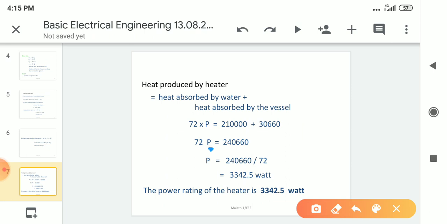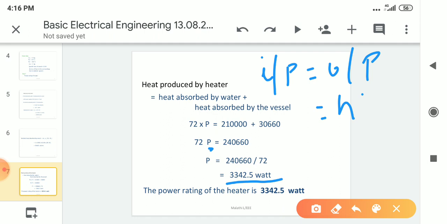Then we will get 3342.5 watts as the final answer. Here losses are negligible, that's why we take input equal to output. This output is the combination of heat absorbed by water plus heat absorbed by vessel.